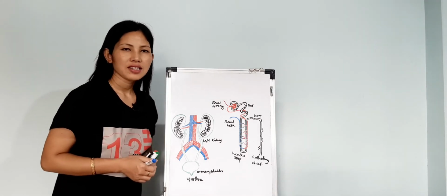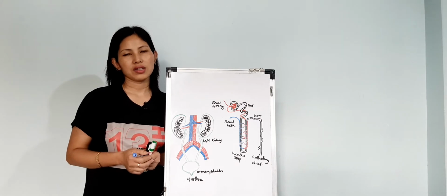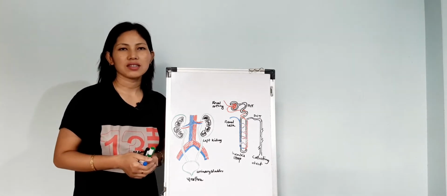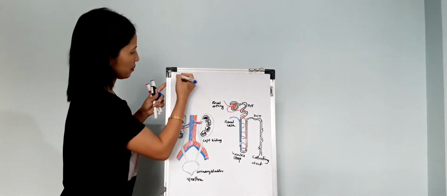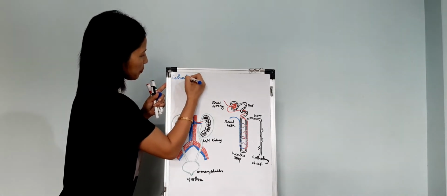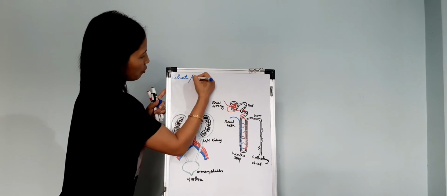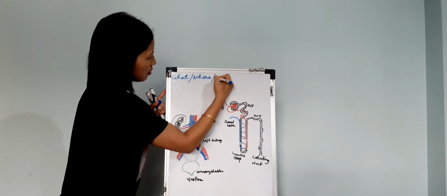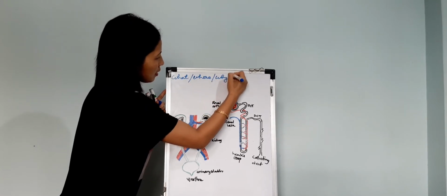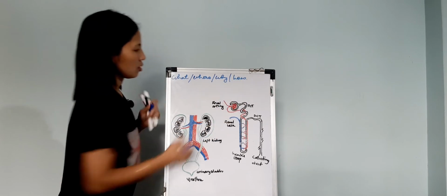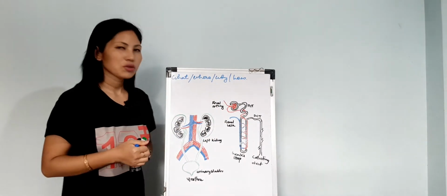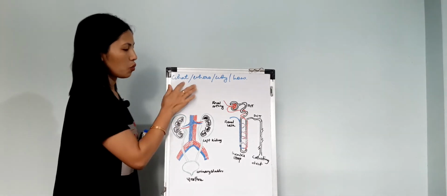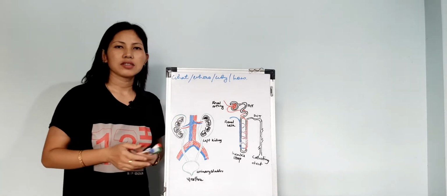To understand this process of excretion, let us first answer these four simple questions: what, where, why and how. We will analyze these four questions one by one. First, what? What is the excretory system?